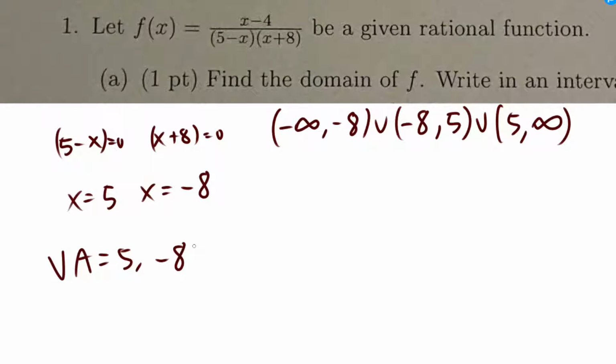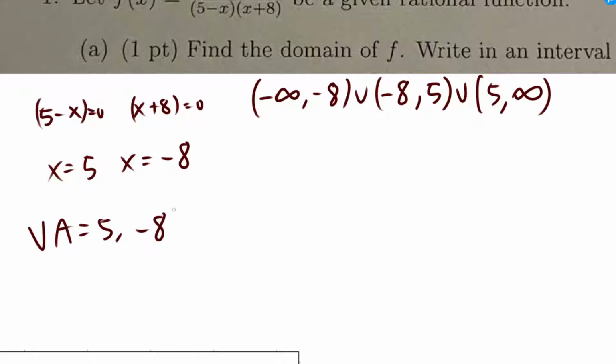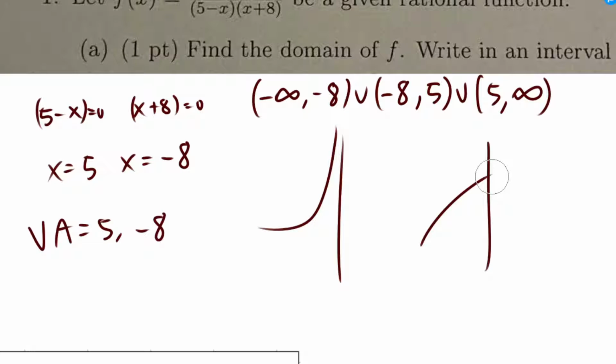Now, another question that you'll typically be asked when you're given a rational function to graph is to find holes of the graph. Vertical asymptotes and holes are different in that vertical asymptotes follow but never cross that line, but holes cross the line, they're just undefined at that spot.